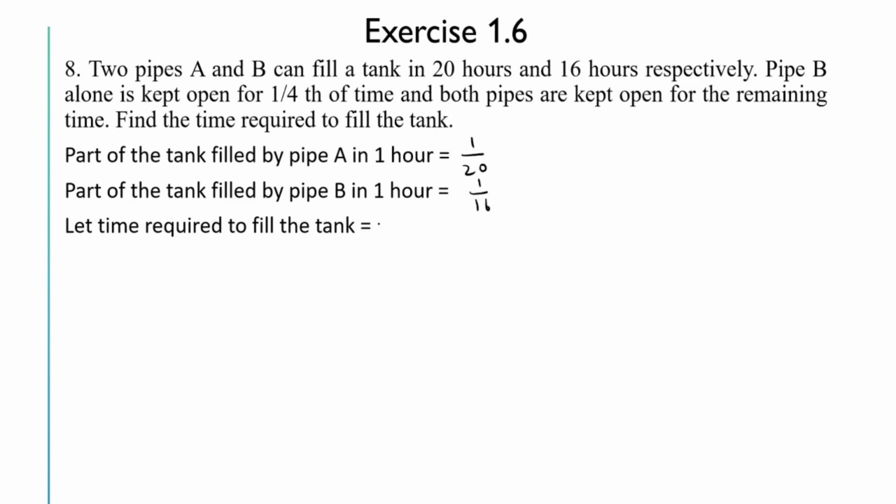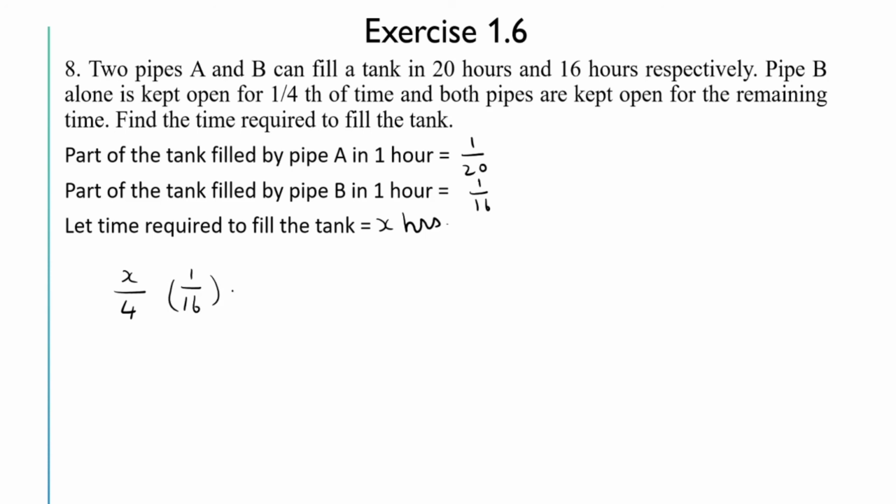Now let us take the time required to fill the tank as x hours. So they have said this pipe B alone is kept open for 1/4 of the time and for the remaining time both the pipes were kept open. So for x by 4 of the time we have only B was kept open.